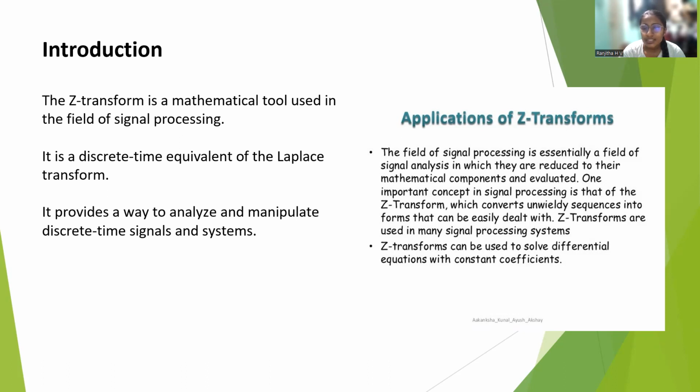One important concept in signal processing is that of the Z transform, which converts an unwieldy sequence into forms that can be easily handled or used in many signal processing systems. The Z transform can be used to solve differential equations with constant coefficients.